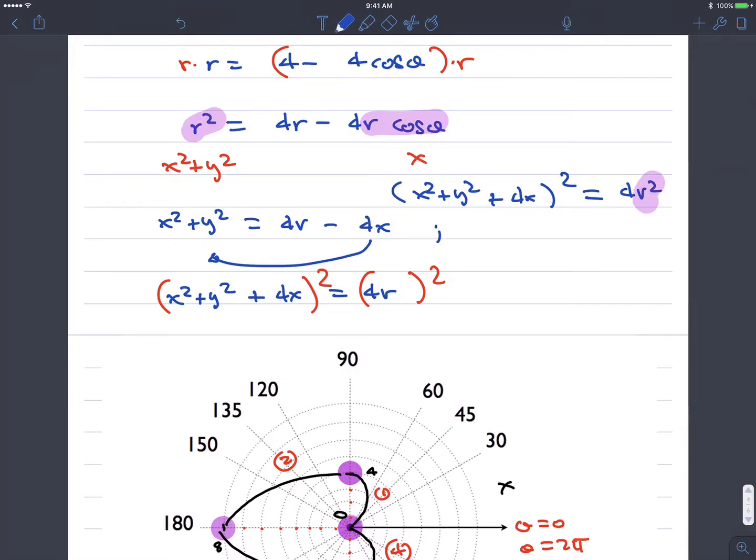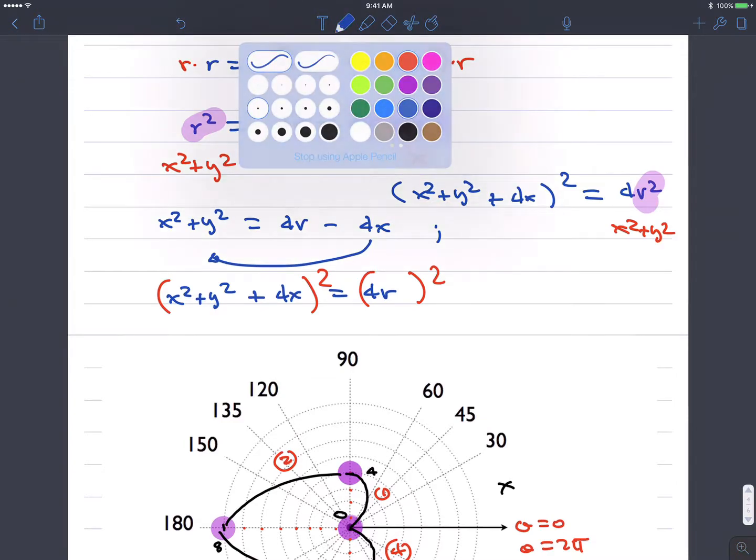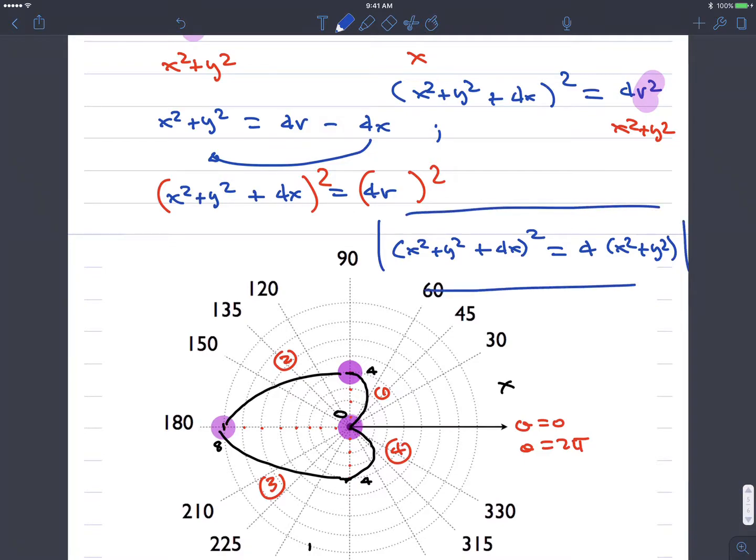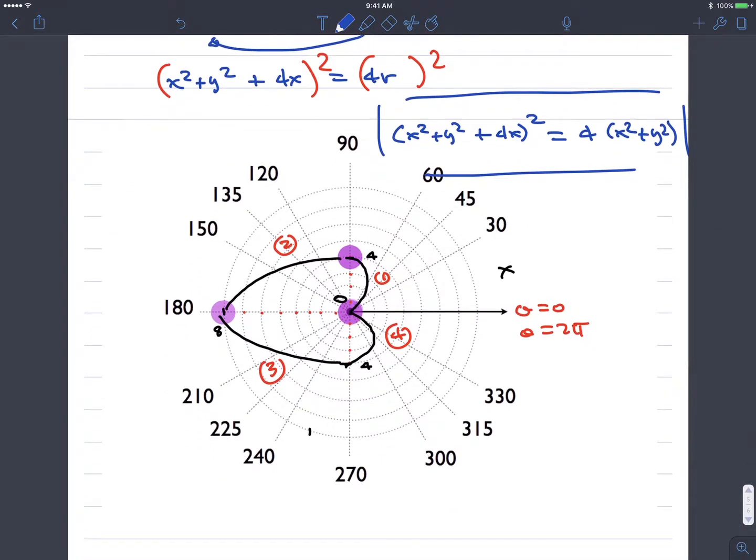Replace this r squared again with x squared plus y squared. And so, final answer: x squared plus y squared plus 4x, everything squared, is 16 times the quantity x squared plus y squared. So here's the Cartesian coordinate version of this cardioid graph.